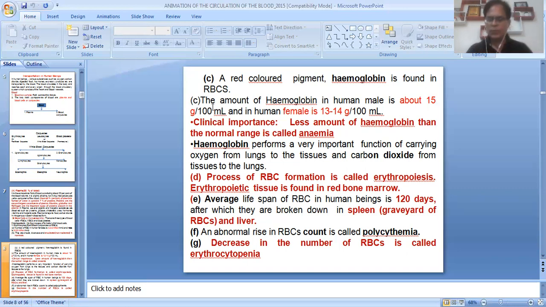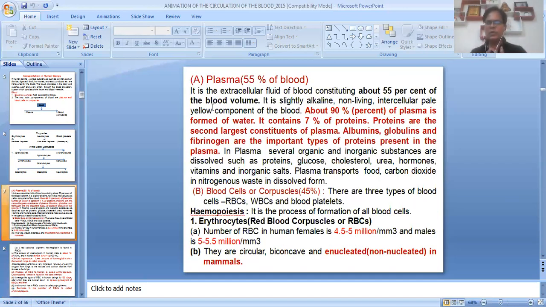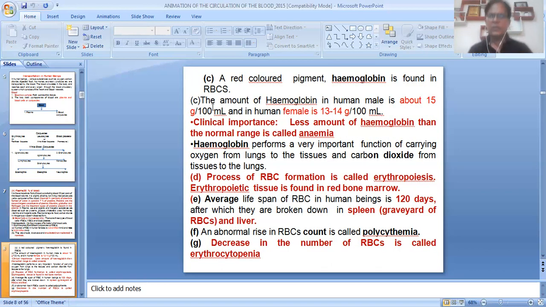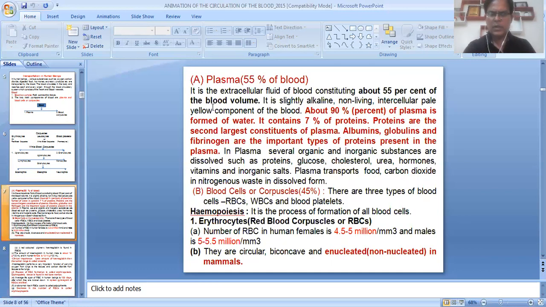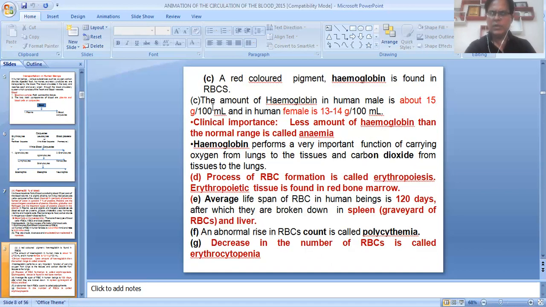Hemopoiesis means all blood cells, RBC also, WBC also, platelets also, but especially when red blood corpuscles are formed, that's called erythropoiesis.